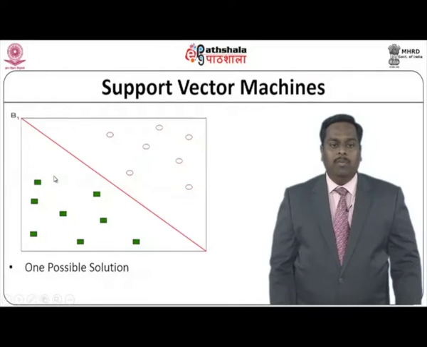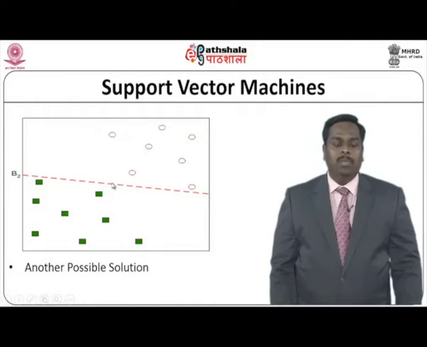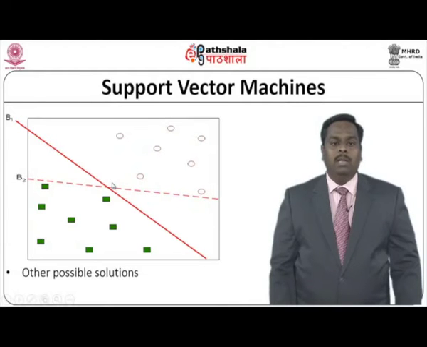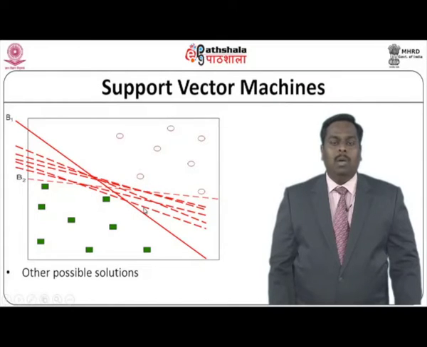So, in the previous scenario we got one straight line that provides a clear demarcation. Similarly, we also end up with another possible solution. But if we analyze further, we may find some more possible solutions, like the dashed lines indicated in this diagram: lines 2, 3, 4, 5, 6. These are the various other possible solutions, decision boundaries or linear hyperplanes, which may be used for clearly demarcating between the data in a data set based on their class labels.